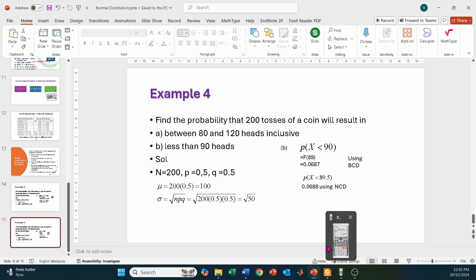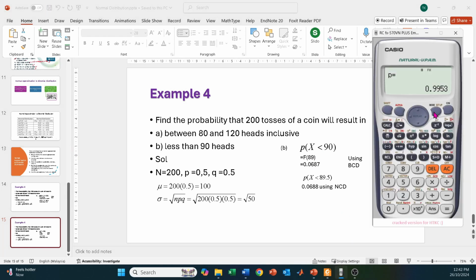B is less than 90, meaning probability of x less than 90, which is F89 because 90 is not inclusive. So you add up probability of x at 0, 1, 2 until 89.